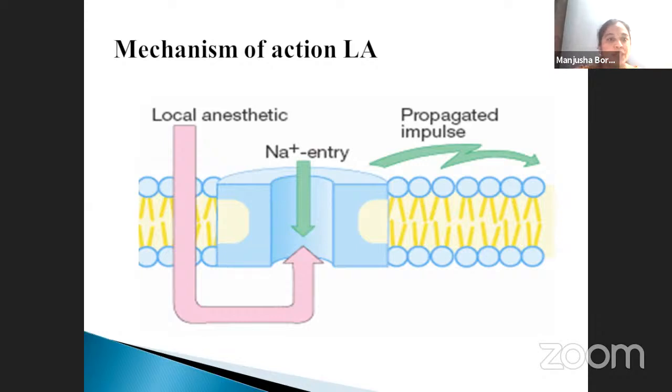Local anesthetic produces the effect by blocking the voltage-gated sodium channel, thereby reducing or inhibiting the entry of sodium ions, and also reducing the generation of action potential, resulting in a membrane stabilizing effect. By this mechanism, local anesthetic drugs inhibit the generation and conduction of nerve impulses.